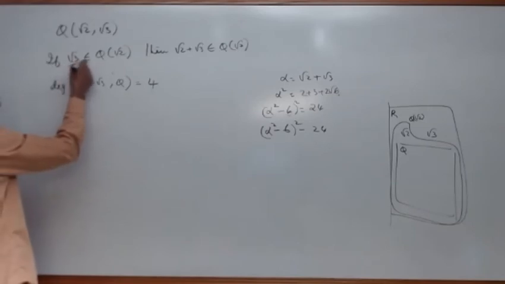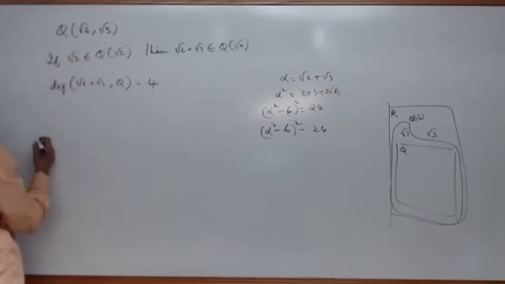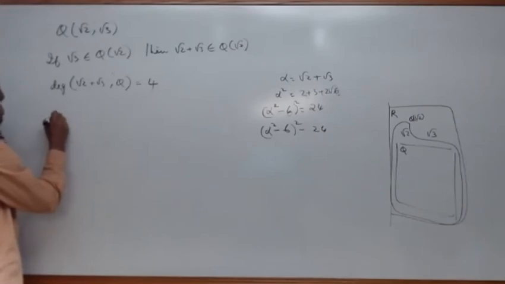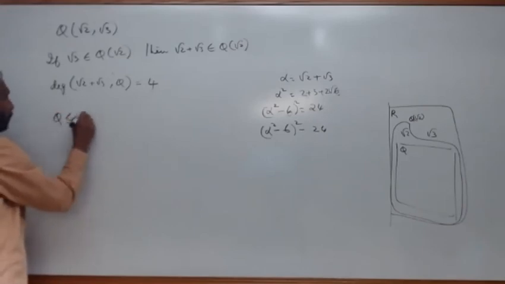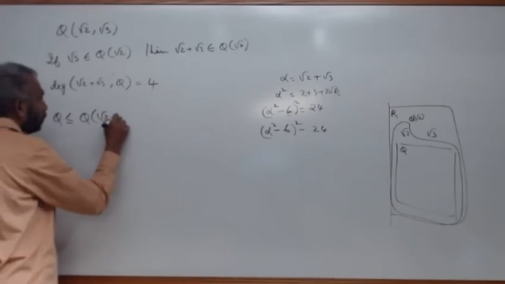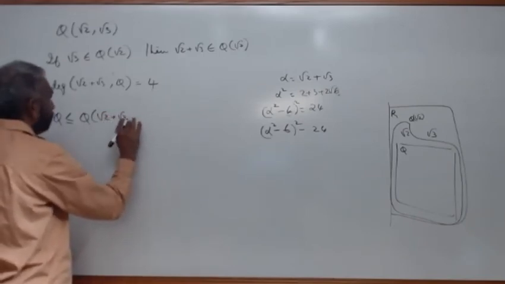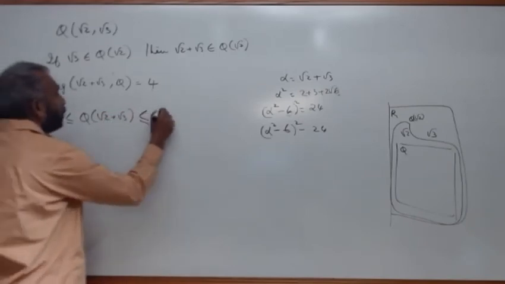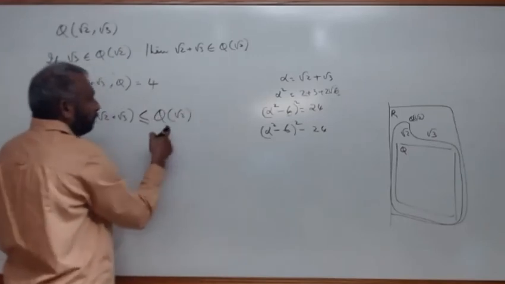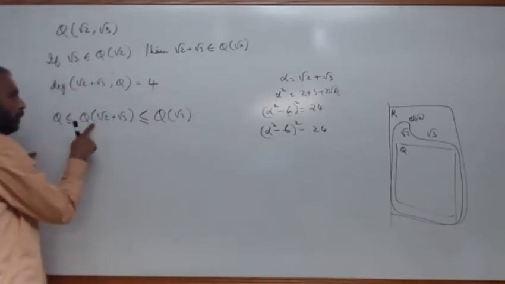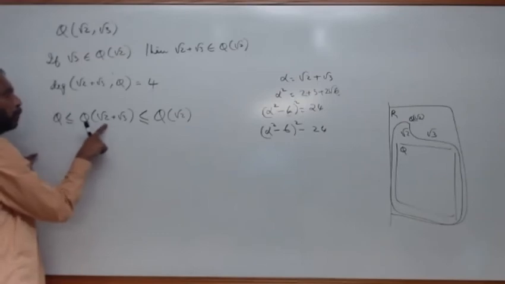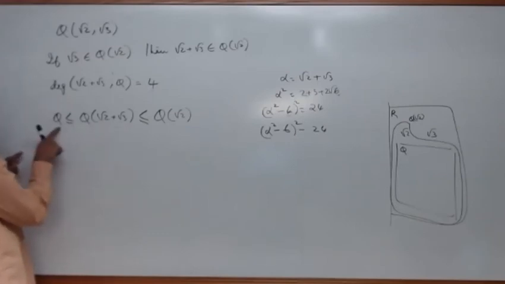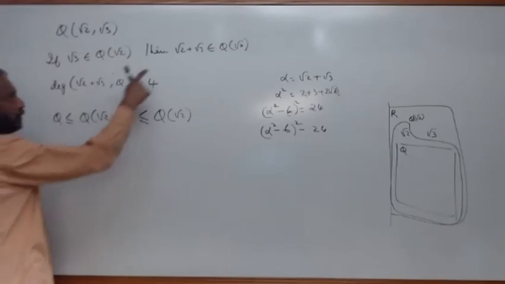But if root 3 belongs to this, that means Q(root 2) is a finite extension of Q(root 2 plus root 3), which is a finite extension of Q. Because it's already here.